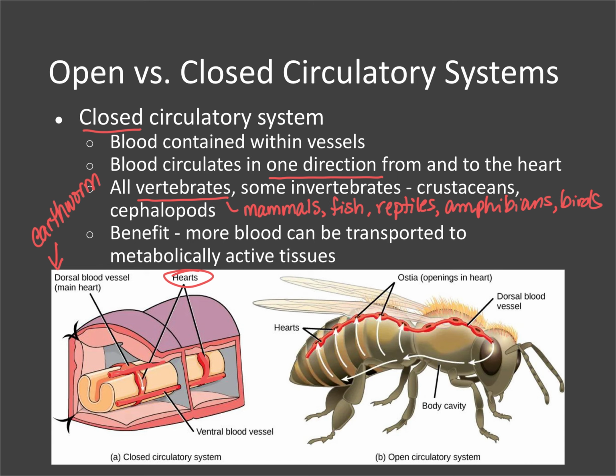One benefit to having a closed circulatory system is that the circulation is more efficient. And the blood can also be directed typically towards tissues and cells that are more metabolically active. So remember that one of the functions of blood is to transport nutrients and oxygen to different cells, and the cells need that to do cellular respiration.